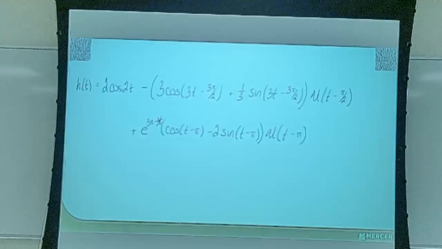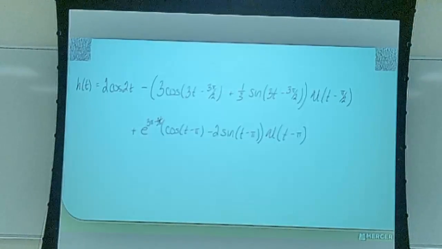Let me see if Wolfram does it for me. I'm also fairly certain your calculator would also simplify.